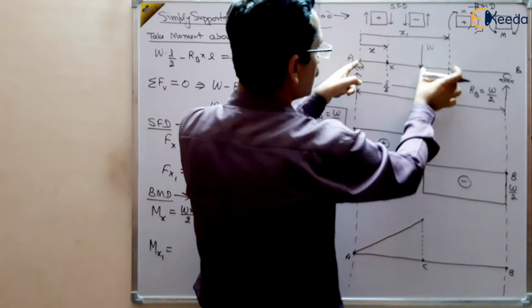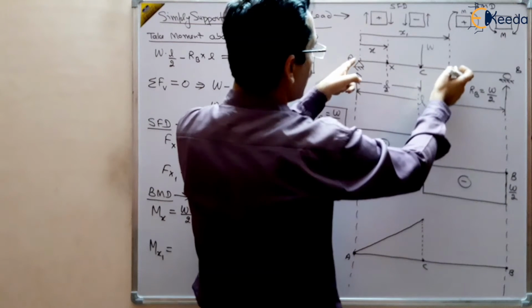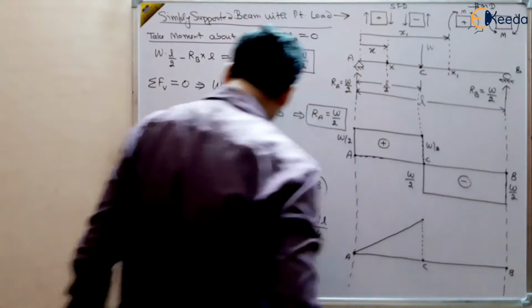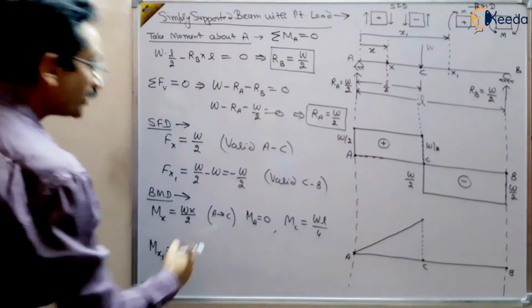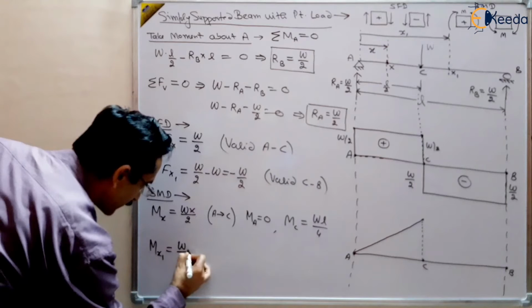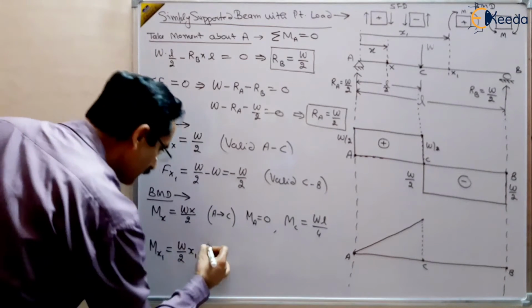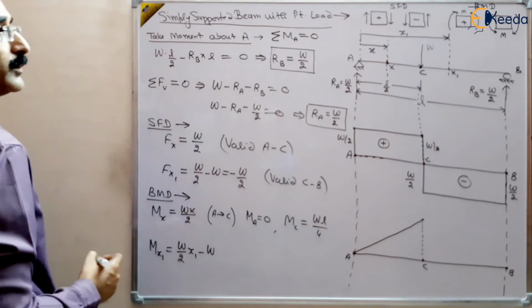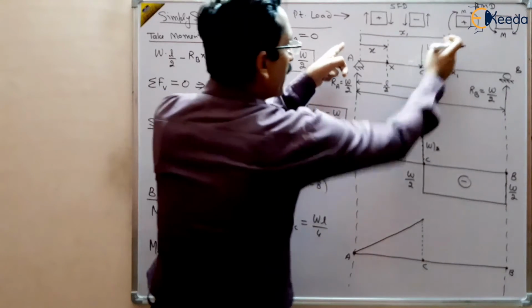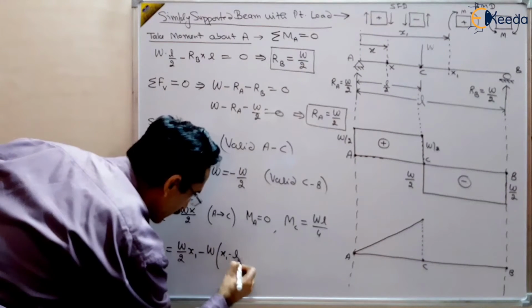So this distance Cx1 is x1 minus L by 2, right? So the moment of W by 2 will be positive. So W by 2 multiplied by x1 minus the moment of capital W, that will be W multiplied by x1 minus L by 2.